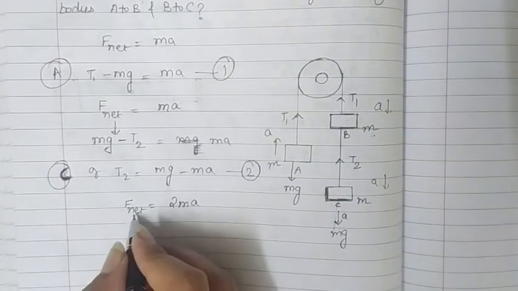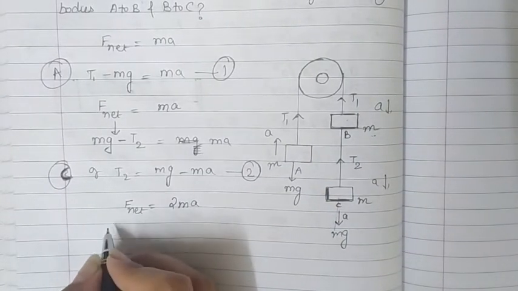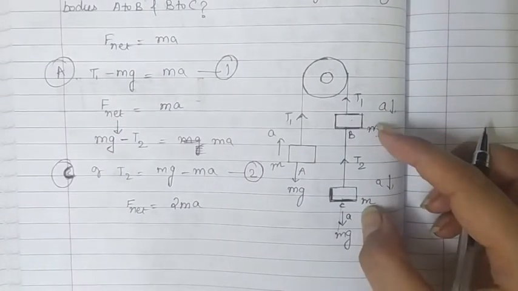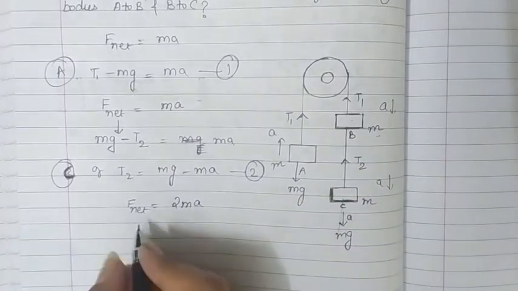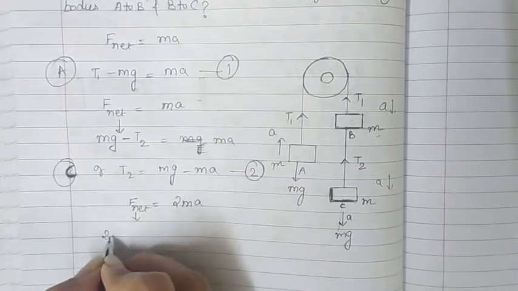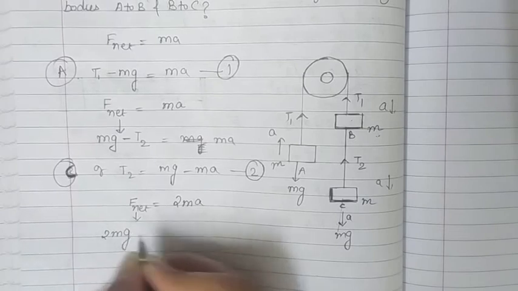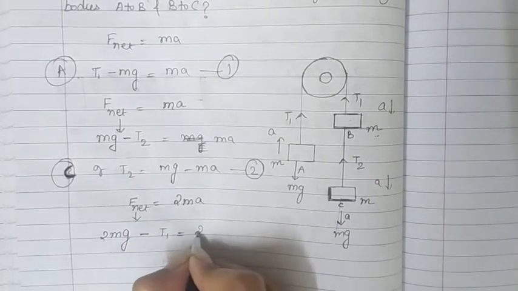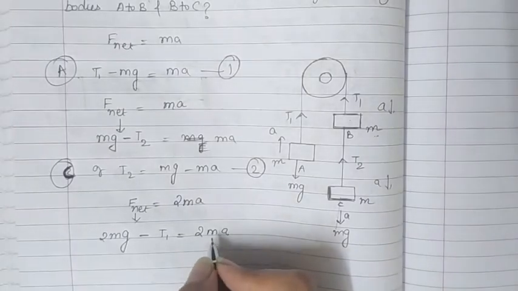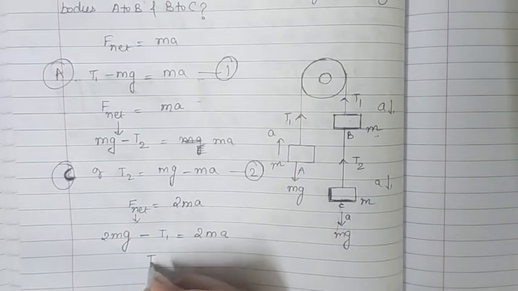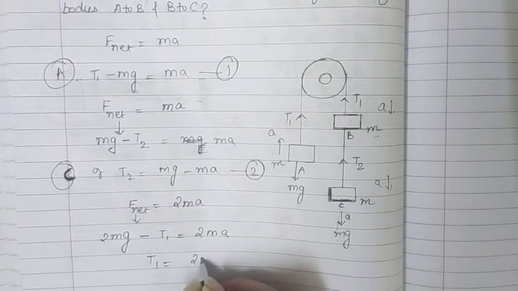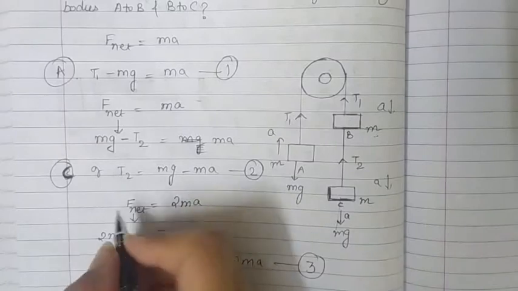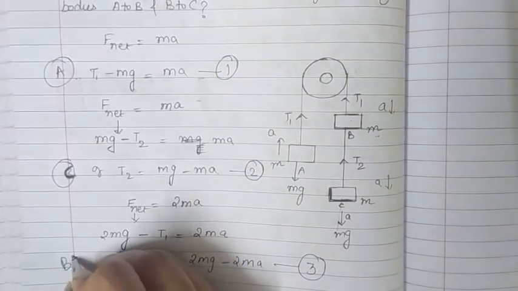The net force will be the difference of T1 and the weight of these two, and the weight of these two will be more than T1 because the motion is downwards. That means 2mg, mg for this and mg for this, minus T1 is equal to 2ma. So T1 is equal to 2mg minus 2ma. This is equation number 3, written for the system of B plus C.